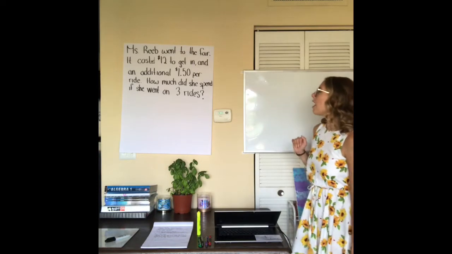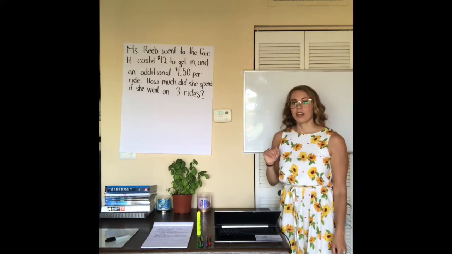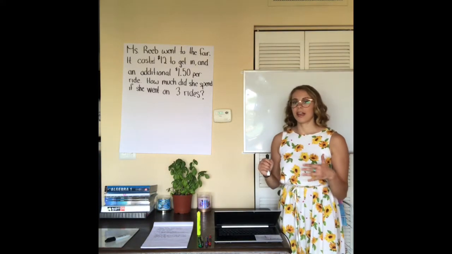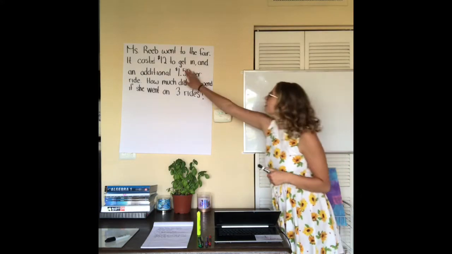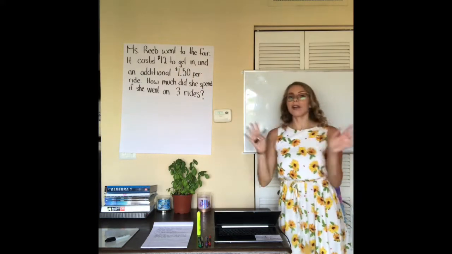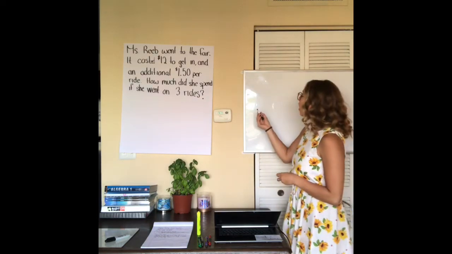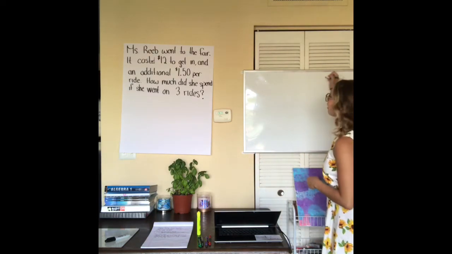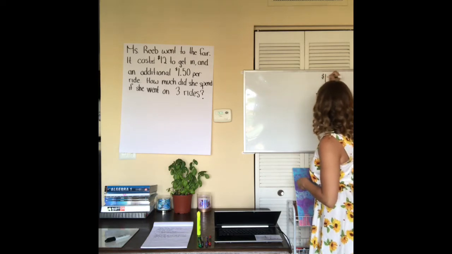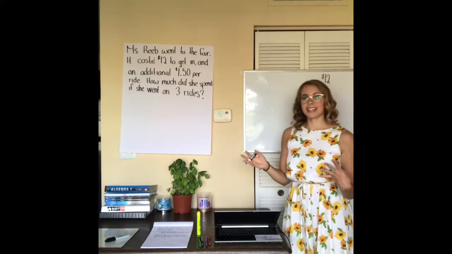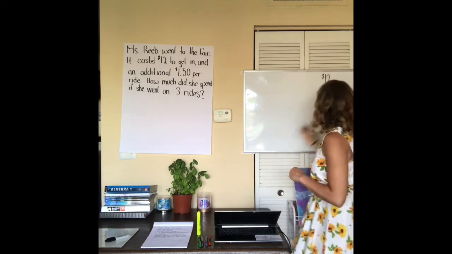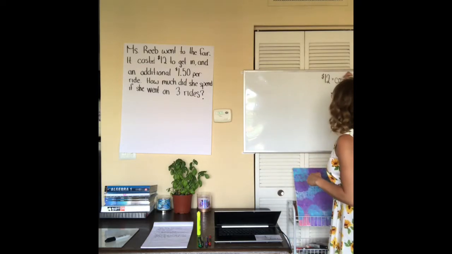It cost $12 to get in. So if I want to go to the fair, I have to pay this $12 no matter how many rides I go on. It's not dependent on the number of rides. So I know that $12, because it's not dependent on the number of rides I go on, is a constant.